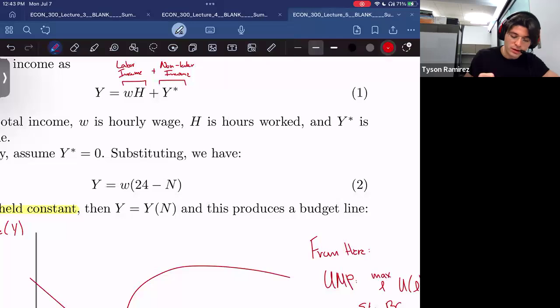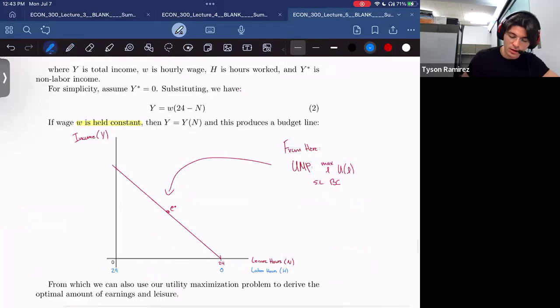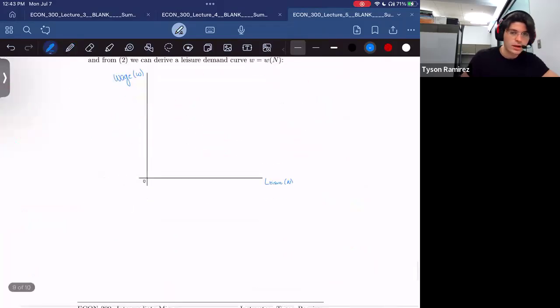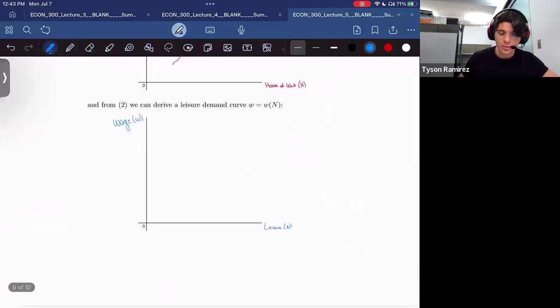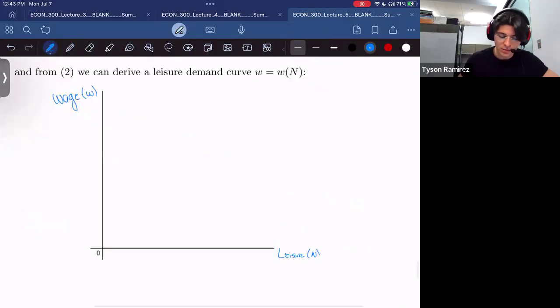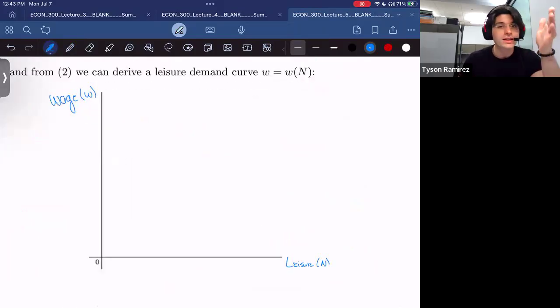So with this, we see that we can also have the leisure demand curve. Remember, the price of leisure is the wage that you could have earned.